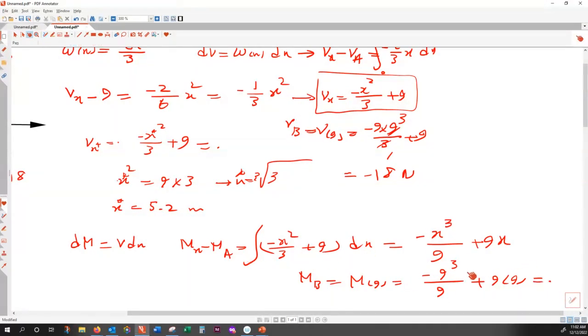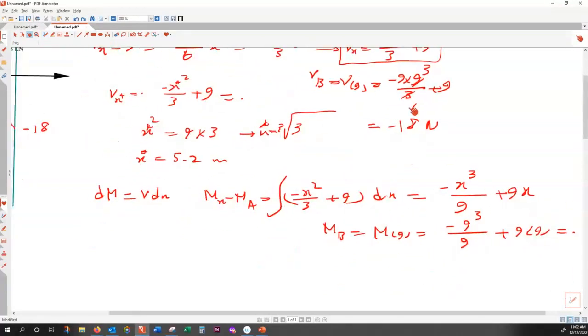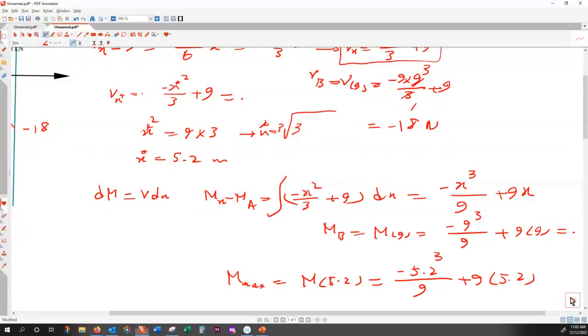All right. So from 0 to 0, but in between there is a maximum bending moment. The maximum takes place at x equal to 5.2. So M max, that is M at x equal to 5.2, is equal to minus 5.2 cubed divided by 9 plus 9 times 5.2.